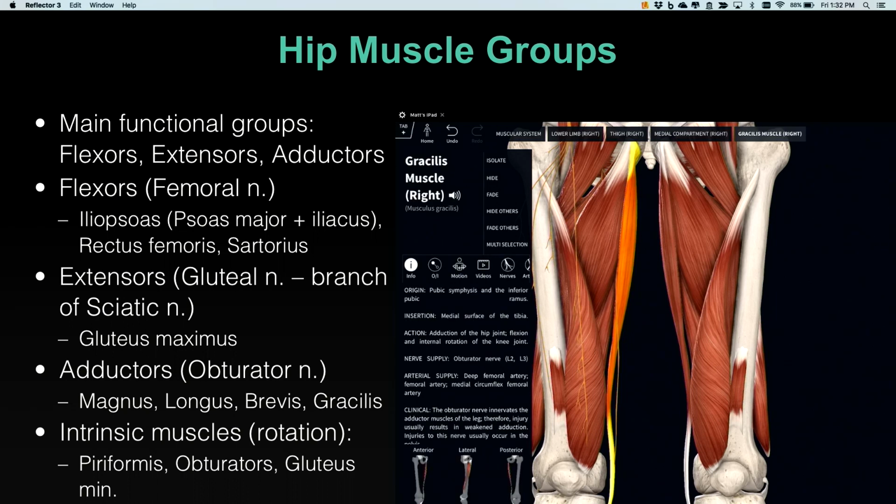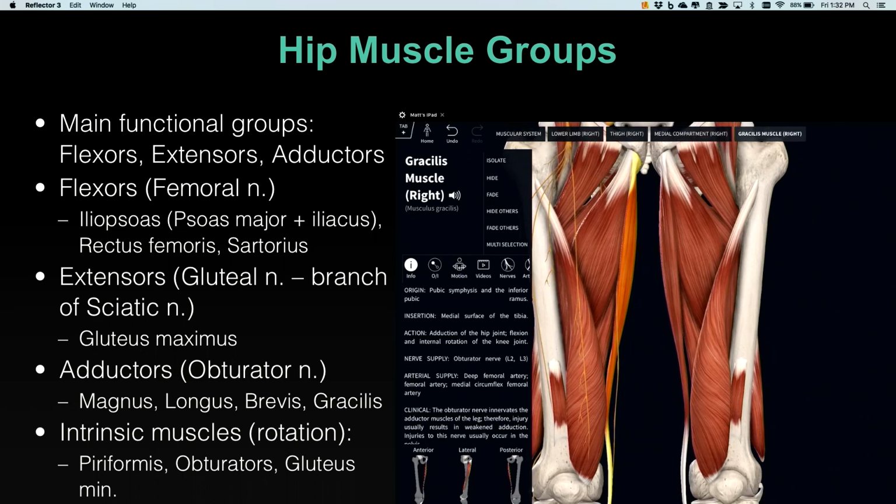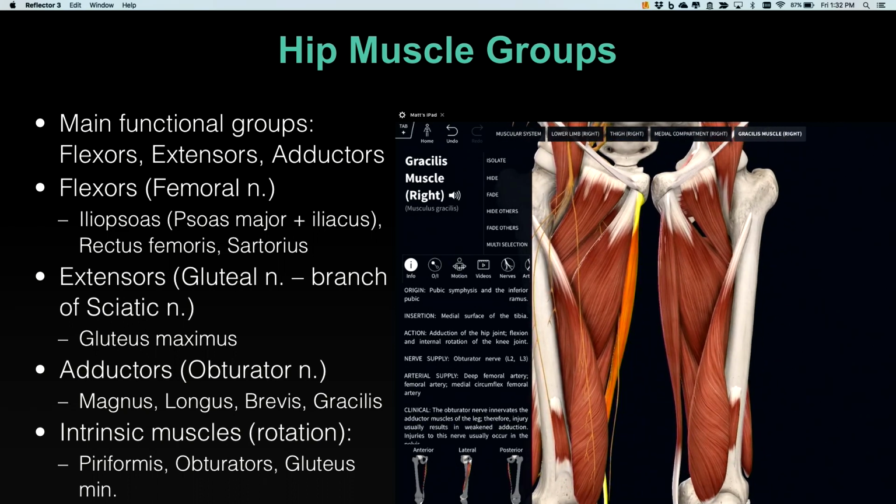The last one is this long, slender muscle that lines the medial border of the thigh. It's not very powerful, as it is a fairly small muscle, but its action would still be to adduct. A similar origin as longus and brevis that we just talked about, the body of the pubis.